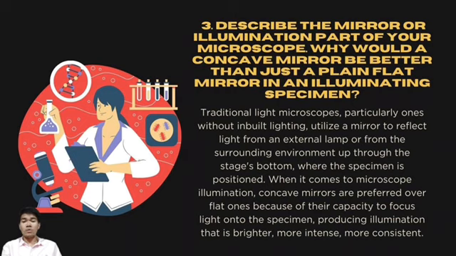When it comes to microscope illumination, concave mirrors are preferred over flat ones because of their capacity to focus light onto the specimen, producing illumination that is brighter, more intense, and more consistent.